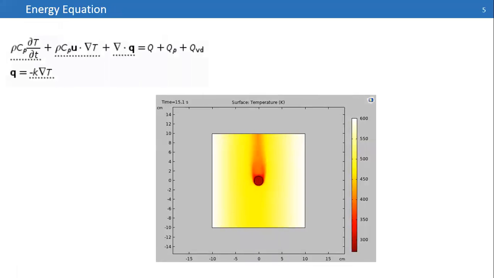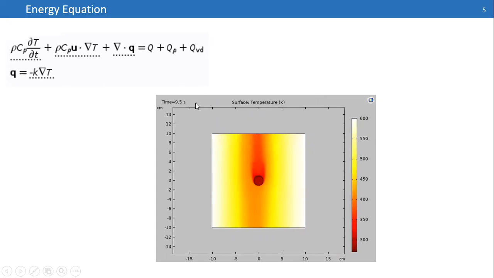Another equation that can be used for calculation of parameters that we are looking for inside a reactor is the energy equation. Let's say we have a particle placed in a tube, and it is heating at a constant temperature. The walls are kept at 600 Kelvin. Also you can see there is a gas flow that is moving up.